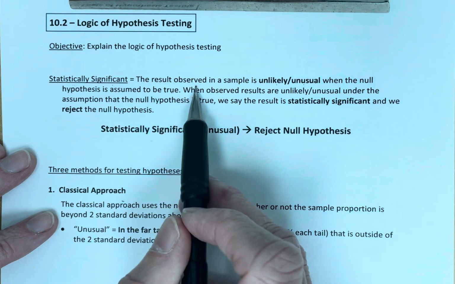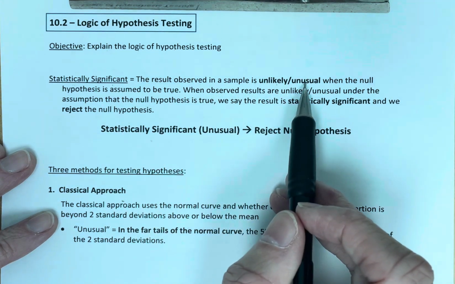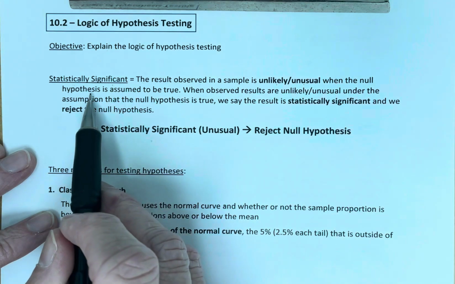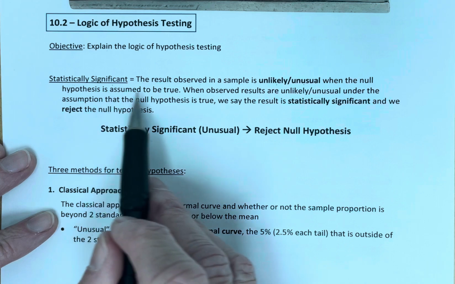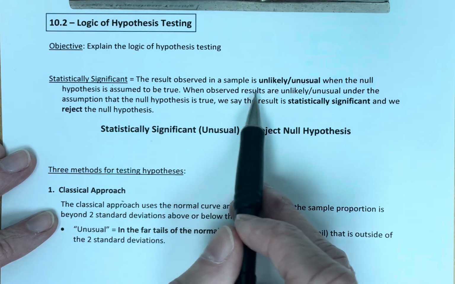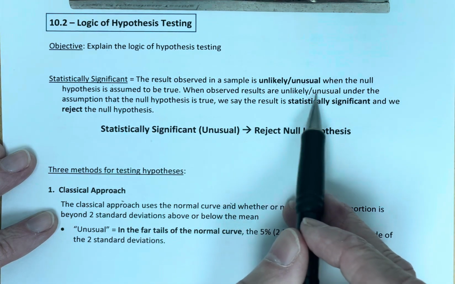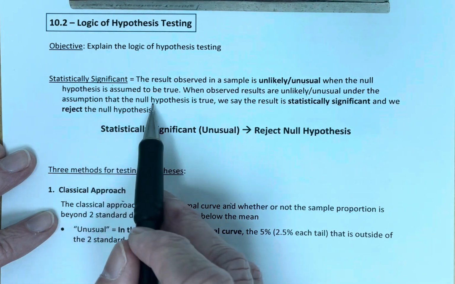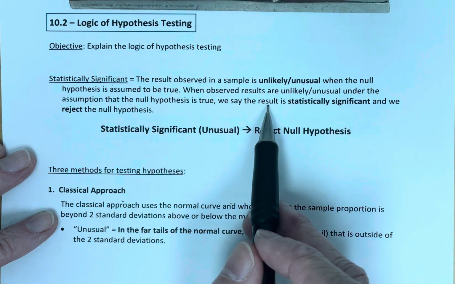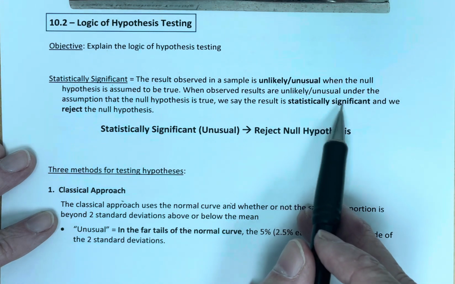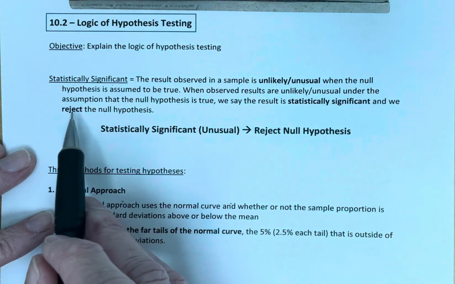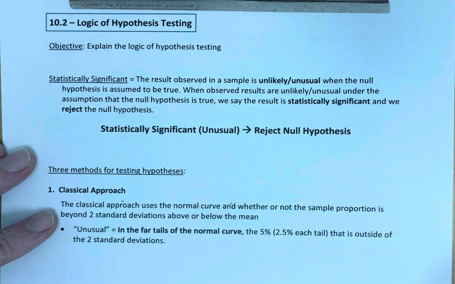It means that the result we see is unusual when the null hypothesis is assumed to be true. When observed results are unlikely or unusual under the assumption that the null is true, we say the result is statistically significant, and we reject the null hypothesis.